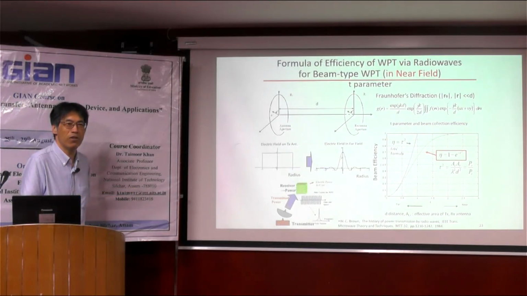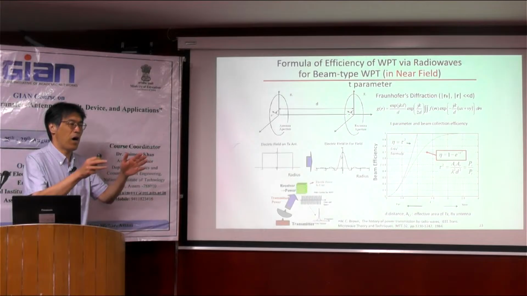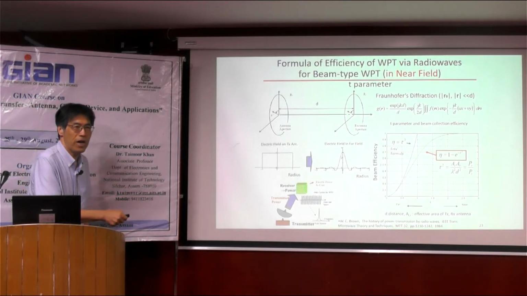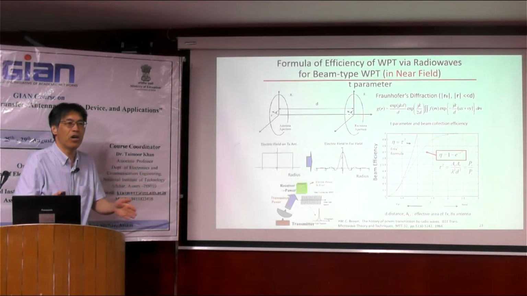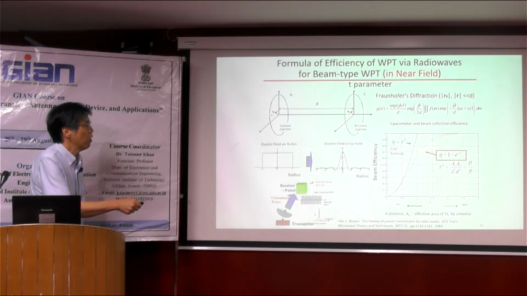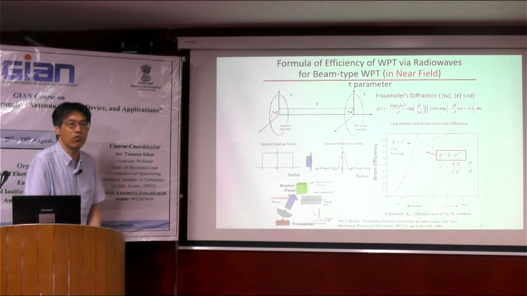It's not natural, because we use the plane wave assumption in the Friis transmission formula under the spherical wave condition. So instead of the Friis transmission formula, we must use this formula, and by this equation, the efficiency is close to 100%, even if the distance is very close.